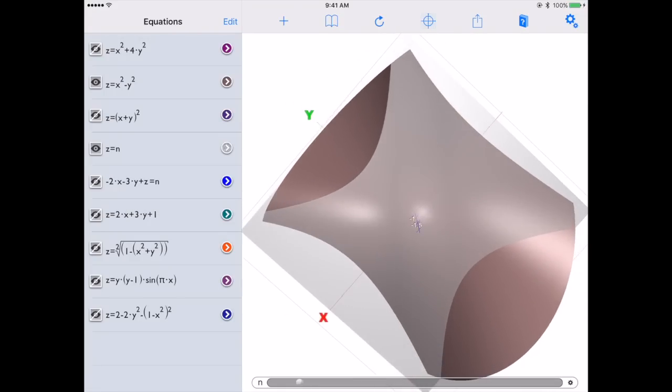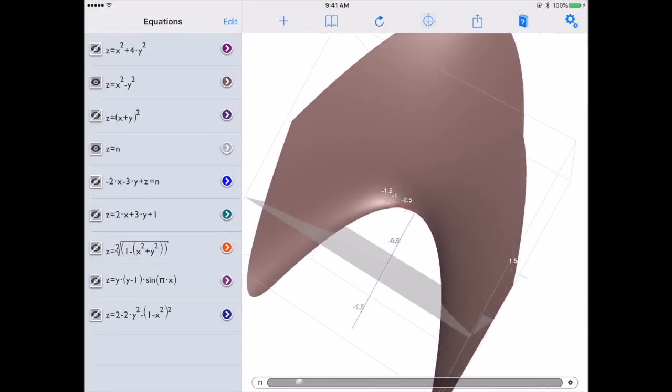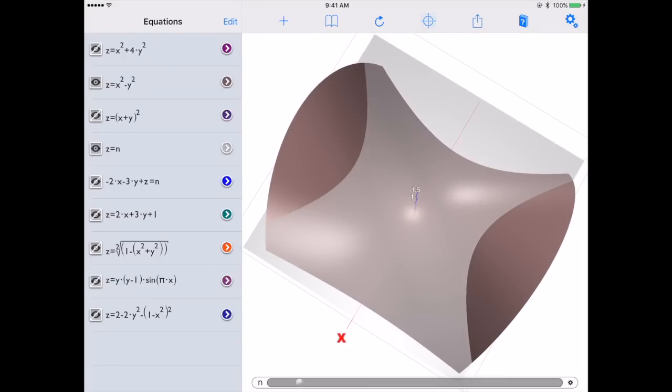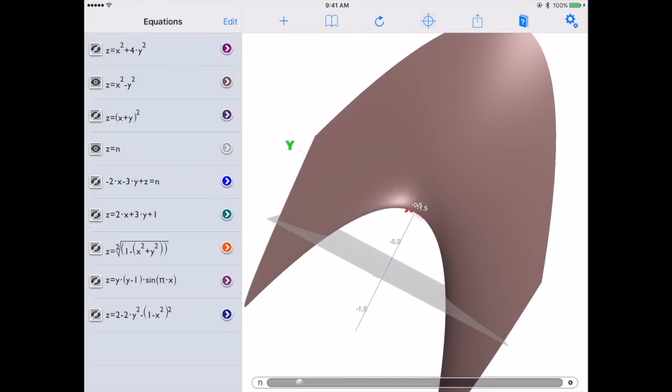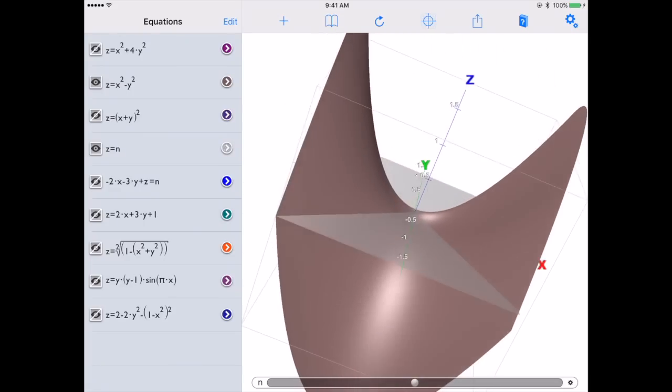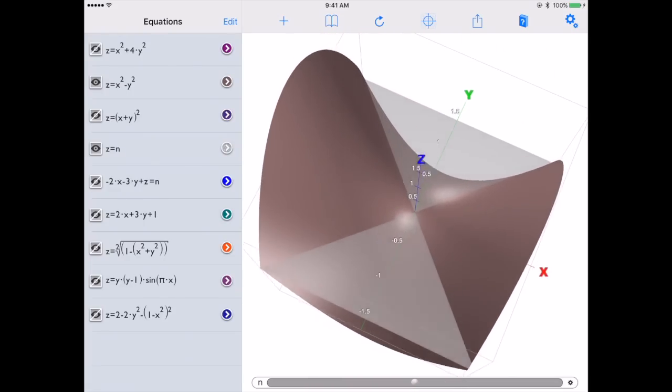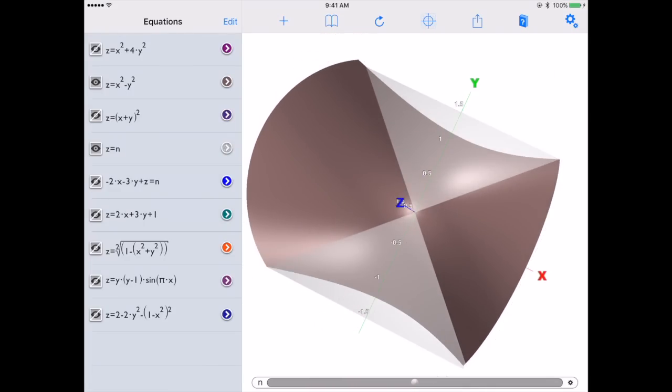Now what you can see is that this plane intersects the graph, and the curves of intersection are what we would call the level set. In this case, I have the level set at minus 0.8. Now I have the level set at z equals 0, which you can see is just two lines that cross at the origin.